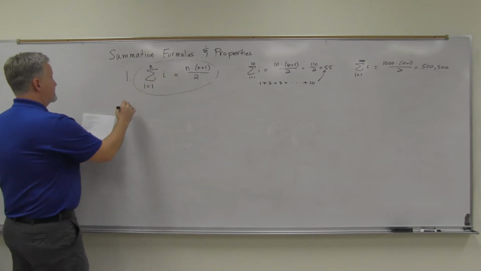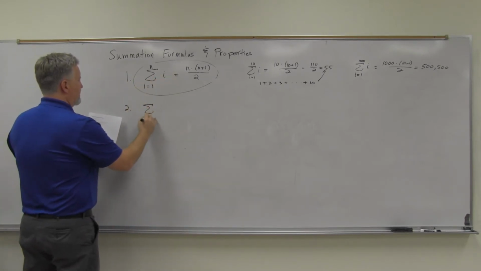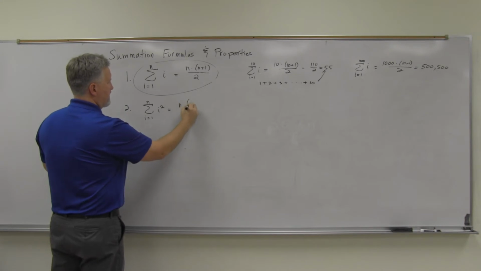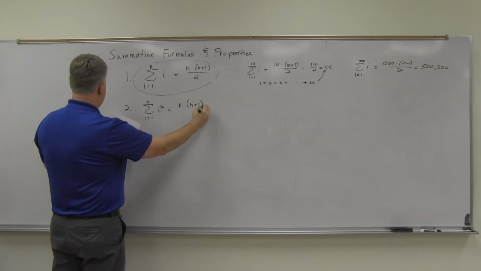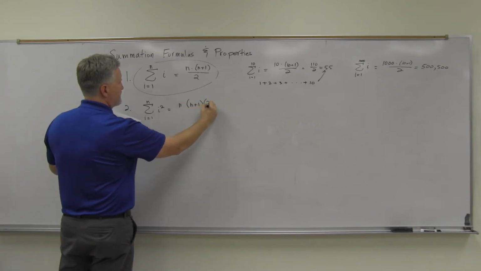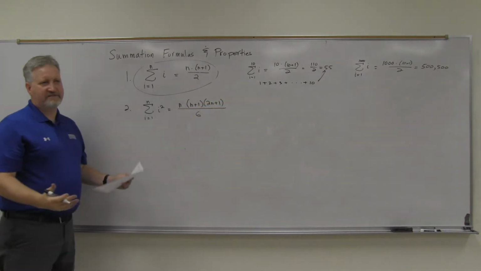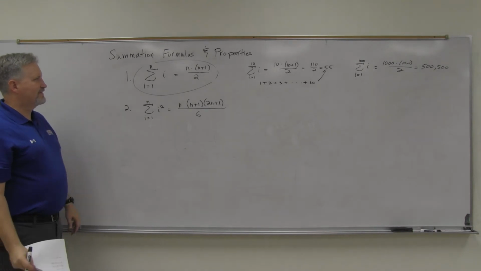Well, it turns out there's a formula also for the i squareds. i equals 1 to n of the i squareds would be n times n plus 1 times 2n plus 1, and then divide that by 6. So it's a little longer formula, but it's still pretty short and sweet.